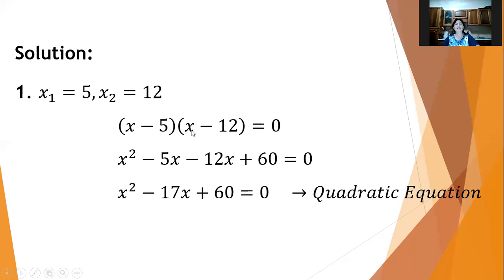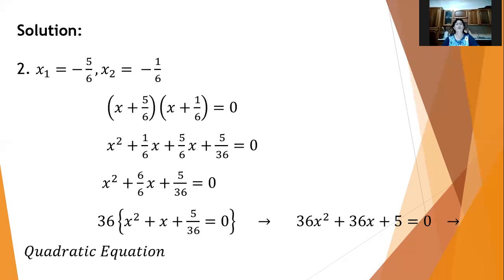And negative times negative is positive, 5 times 12 is equal to 60, is equal to 0. Combine like terms, bring down x squared. -5x minus 12x is equal to -17x, plus 60 is equal to 0. Now, this is the quadratic equation: x squared minus 17x plus 60 is equal to 0.